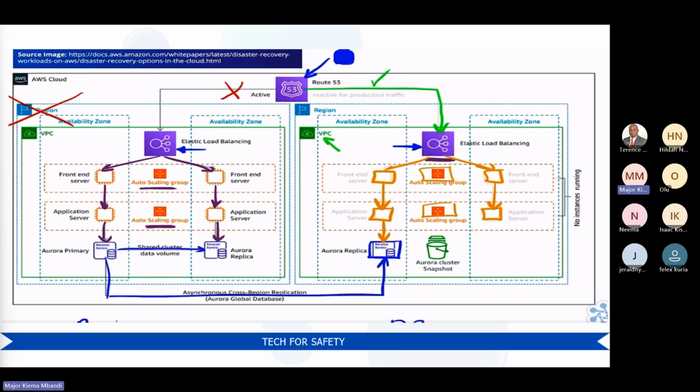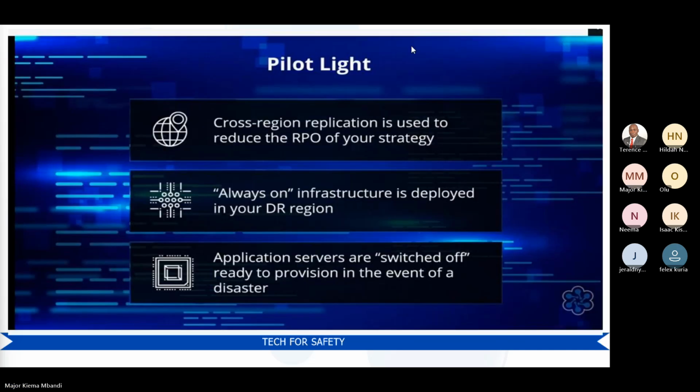So the pilot light strategy uses data replication to minimize RPO and RTO. Infrastructure is always operational in the DR region. However, provisioning of application servers and other resources can delay RTO if they need to scale in the event of failure. Cross-region replication is used to reduce RPO in your strategy. Consider always-on infrastructure deployed in your disaster recovery region.